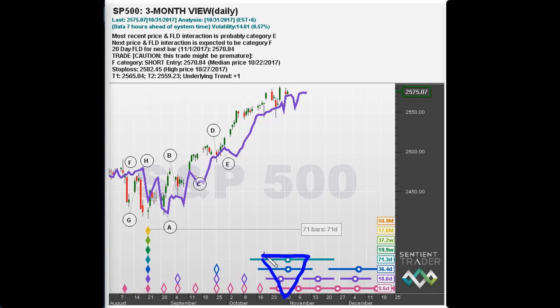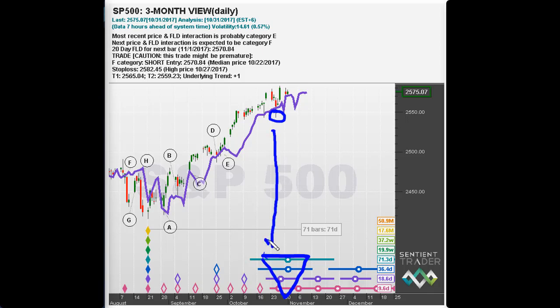Therefore, we shouldn't simply blindly follow the Hurst Signals system and say, oh, well, an F category trade is expected next, therefore I must be standing by to trade short. It is very possible that this 80-day cycle trough has occurred. We did have a nice trough here on Wednesday of last week.